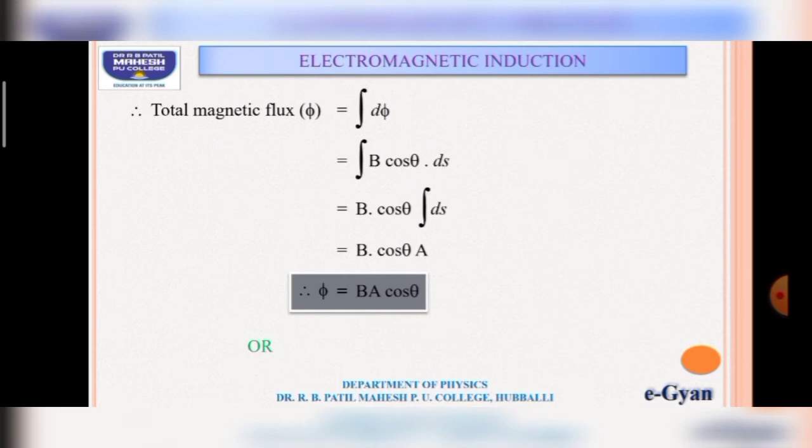With the help of this expression, we can find magnetic flux, or we can write it as phi is equal to vector B dot vector A, where B is magnetic field, A is area and phi is magnetic flux. This is the mathematical expression for magnetic flux.